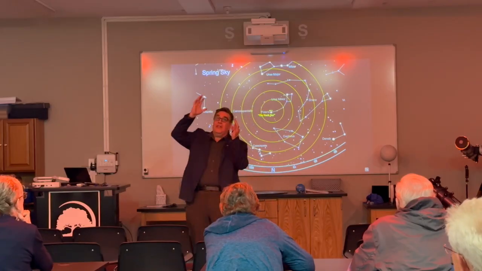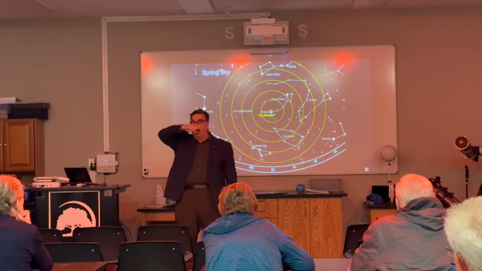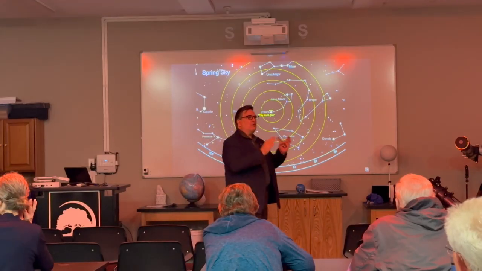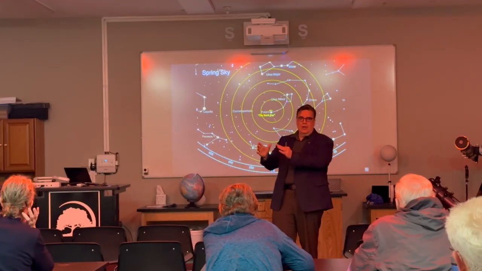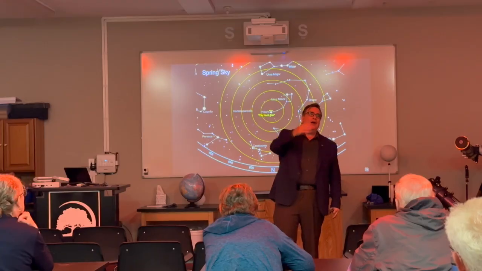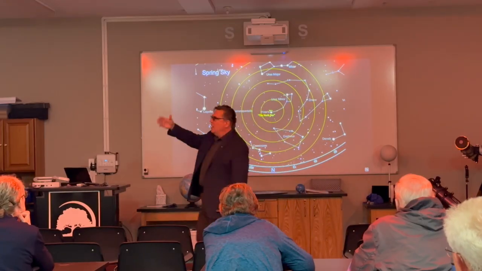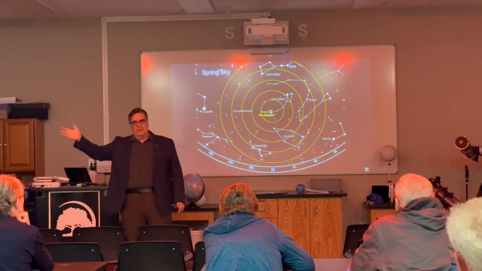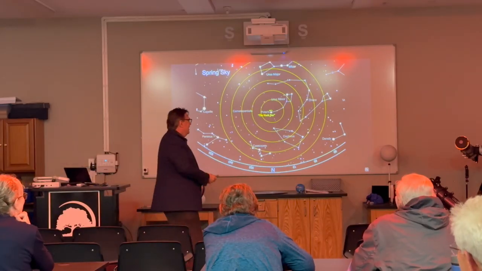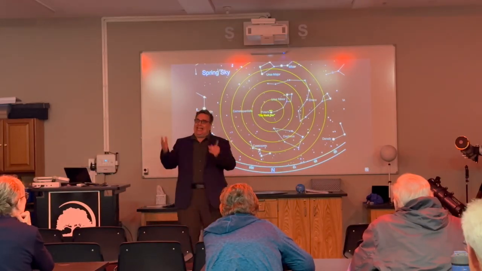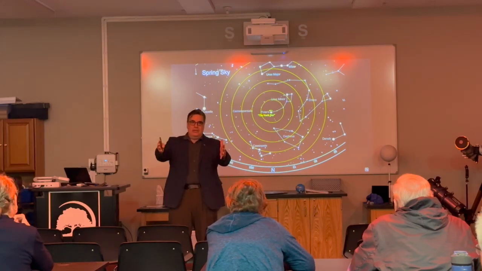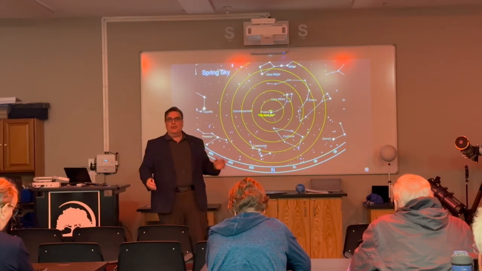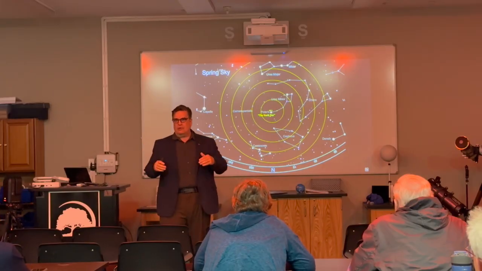So the stars that do not rise and set, that are up all night long, all year long, those are called circumpolar stars, and the constellations that they're in are circumpolar constellations. The stars that rise and set are very cleverly called rise and set stars. And then the stars that you are unable to see, that are orbiting around or circling the South Celestial Pole, those are the never-rise stars.